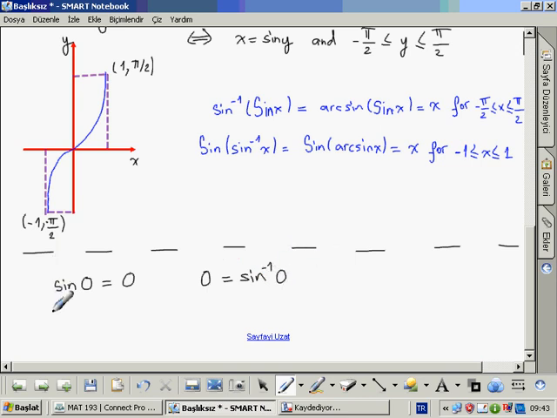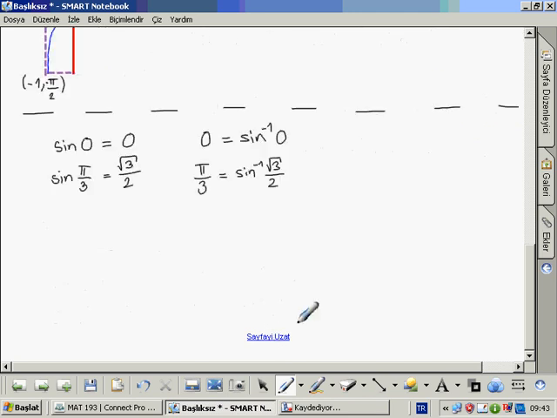And sine pi over 3 equals square root of 3 over 2, so pi over 3 equals arc sine square root of 3 over 2. And sine pi over 2 equals 1, so pi over 2 equals inverse sine 1.